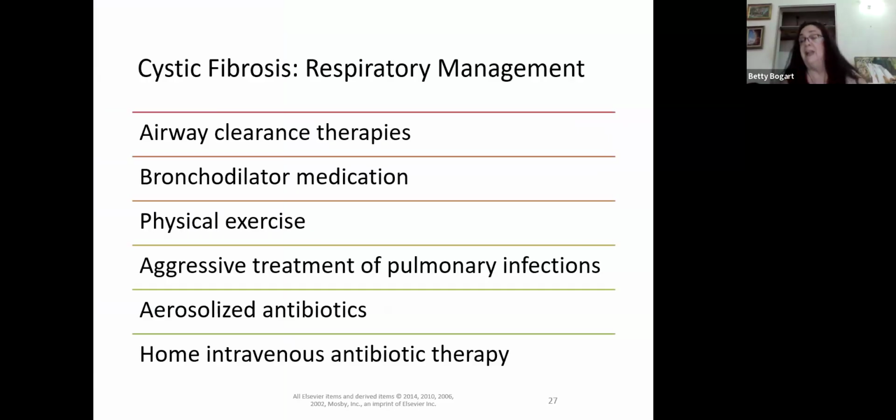Exercise is not an option. They must. And I will always tell you swimming is the best exercise. Think about the deep breath going underneath, what it does, deep into the lungs. It's great. Again, aggressive treatment of pulmonary infections. I'm talking aerosols with antibiotics in them, IV PICC lines, and they will be getting it.